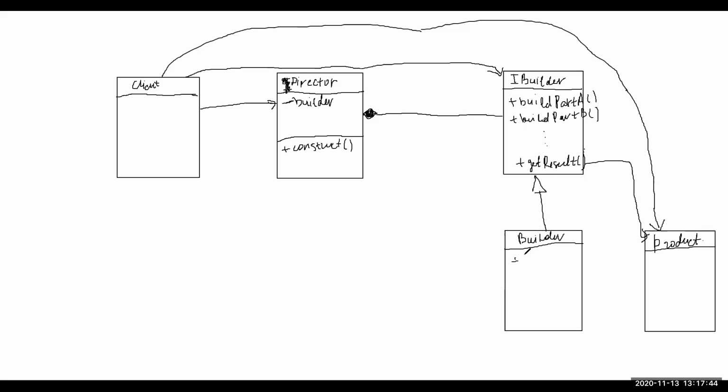So it implements all these methods, part A, part B, and so forth, and it knows how to assemble these parts into one. Right? Okay, what would the construct method look like?